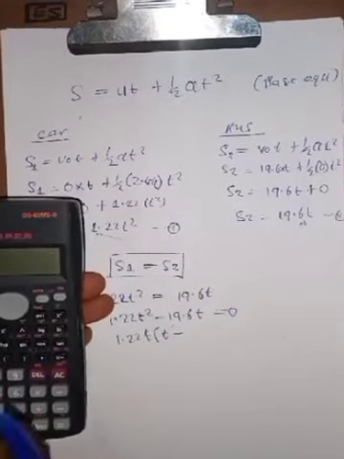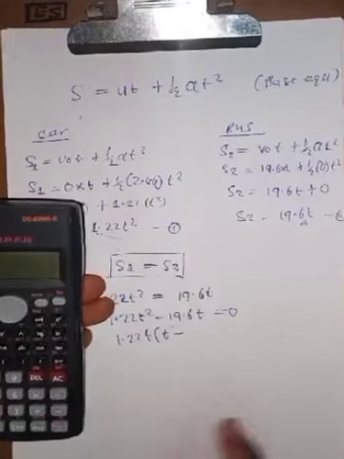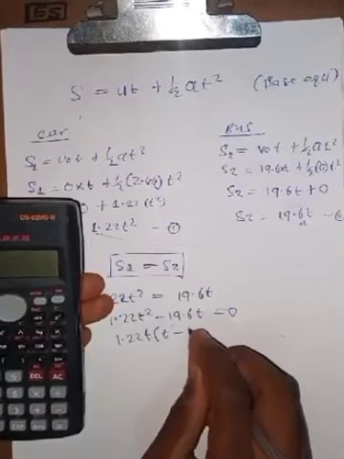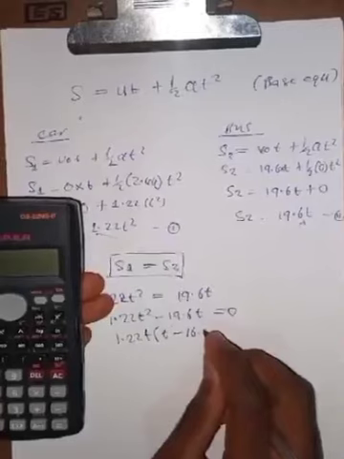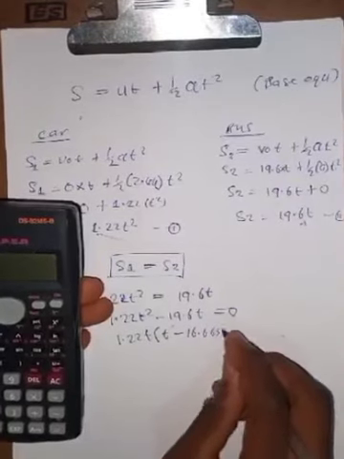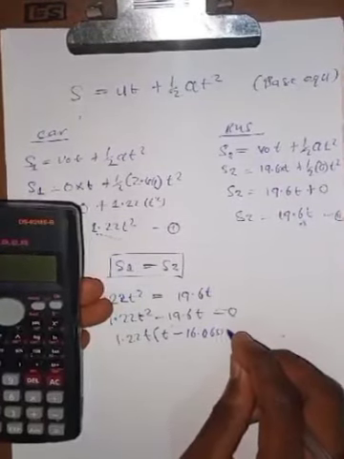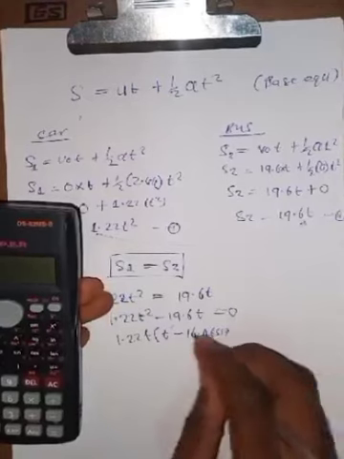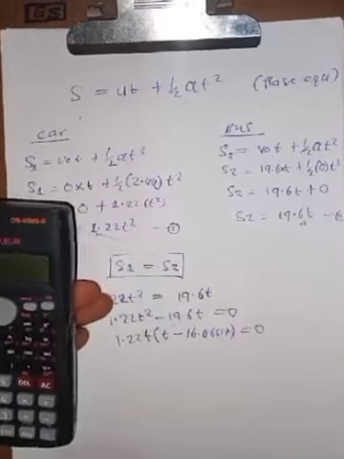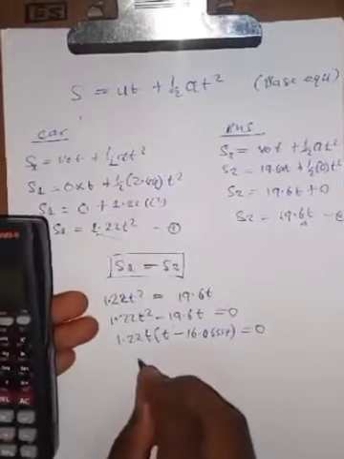So 19.6 divided by 1.22, I'm going to get 16.0655. So it is 1.22 t times (t minus 16.0655) equals 0.